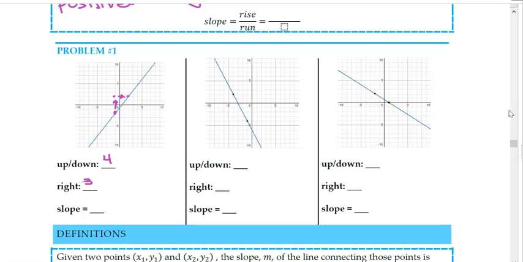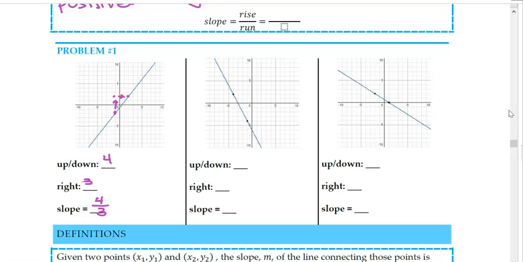If it's down, then that's going to be negative. If it moves to the left, it's going to be negative. So now to write our rise over run, our rise is up or down, our left or right is the run, and so here our slope is 4/3.